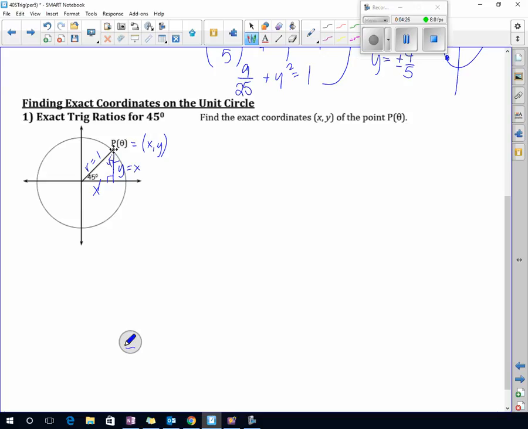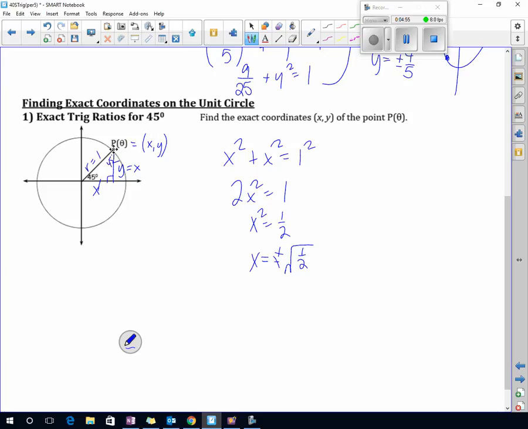So 2x squared equals 1, x squared equals 1/2, and x equals plus or minus the square root of 1/2, which is, in the first quadrant, I can reject the negative. Why can I reject the negative? Because everything's positive in the first quadrant. And how do I simplify the square root of 1 over 2? 1 over root 2.